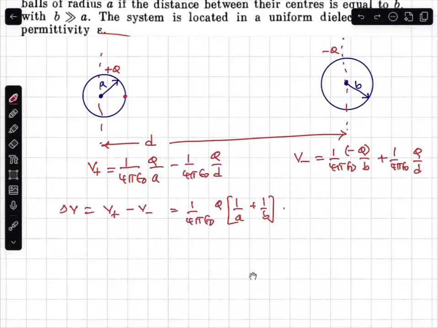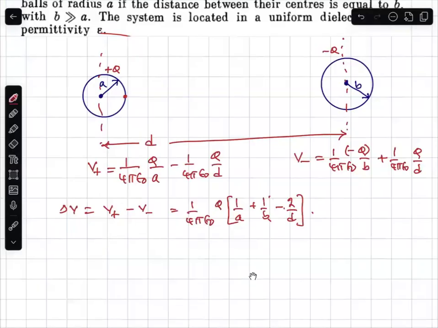This is not correct. I am taking D finite, not infinite. In that case, what will happen is minus 2 by D. That will be the potential difference. If D is very high, infinite, or D is negligible, then obviously it will become 1 by A plus 1 by B only. Any doubt till this point?